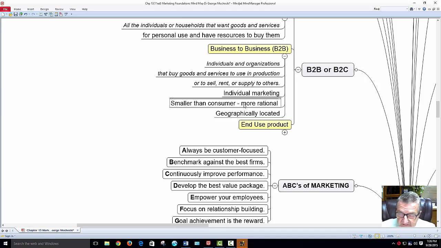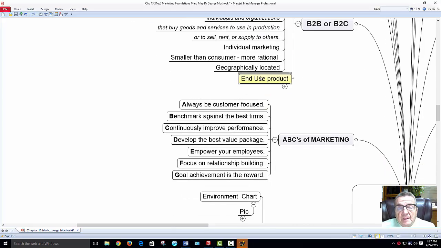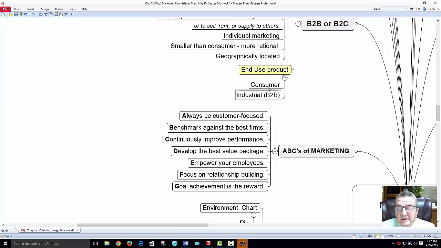If you look at your logistics or procurement individual, he or she is not buying on emotion. They're basically looking at the value: does it reach my specification, could it meet my timing, the delivery, does it meet the needs or objectives of my production, or of why I'm ordering this particular part or service from an authorized vendor. Okay, and individually marketed, smaller geographically, end use product, consumer.